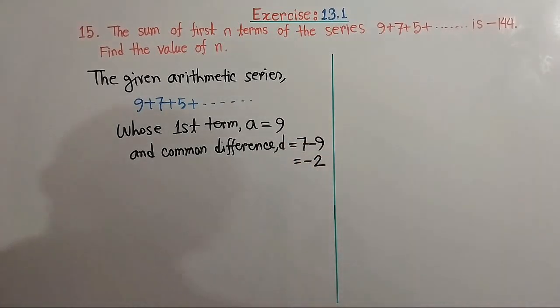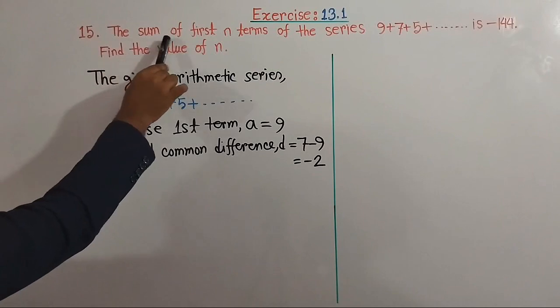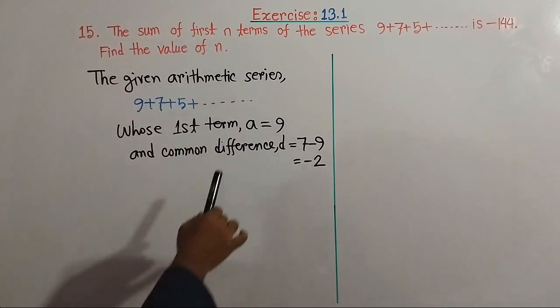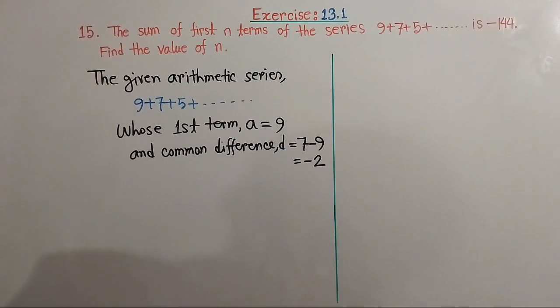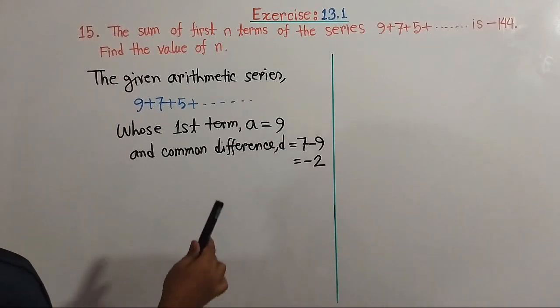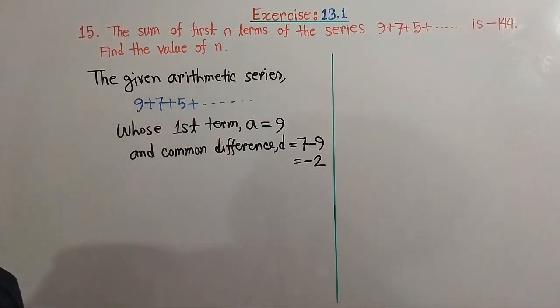Now here the given condition, the sum of the first n terms of the series is minus 144. So now we have to find the sum of the first n terms.